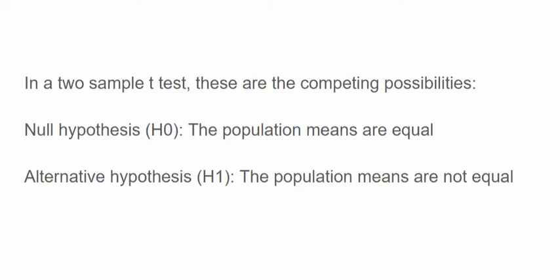So basically, the null hypothesis is saying that nothing is happening, and the alternative is saying that something is happening. But in the context of a two-sample t-test, nothing is happening means no difference between the two populations, and something is happening means there is a difference between the means of the two populations.